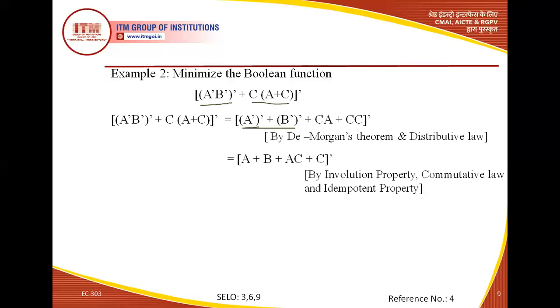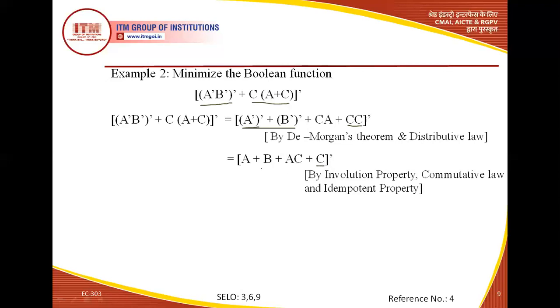Now by using the involution property, (A')' is equal to A, that means A bar bar equal to A. Similarly (B')' is B. And by using the commutative property, CA can be written as AC. Okay. And by using the idempotent property, we can write A dot A equal to A. So in place of C dot C, we can write C. Okay.